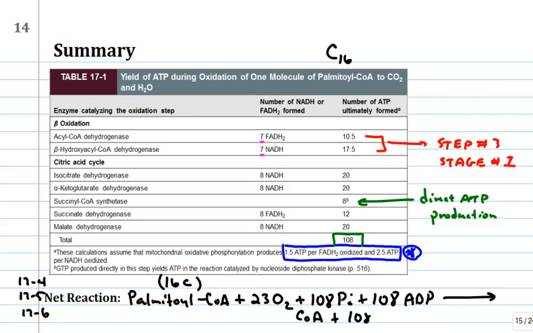Plus 108 ATP plus 16 CO2 plus 23 H2O. Wow, that is the net reaction at the very end. And it shows clearly that every carbon in a molecule of palmitoyl-CoA, when metabolized, when broken down, all those carbons end up as carbon dioxide.